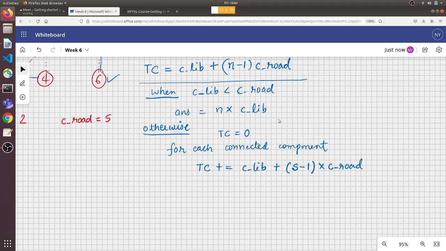This we will do for every connected component, where s is the size of the connected component, that is the number of nodes in that connected component. Does this make sense?